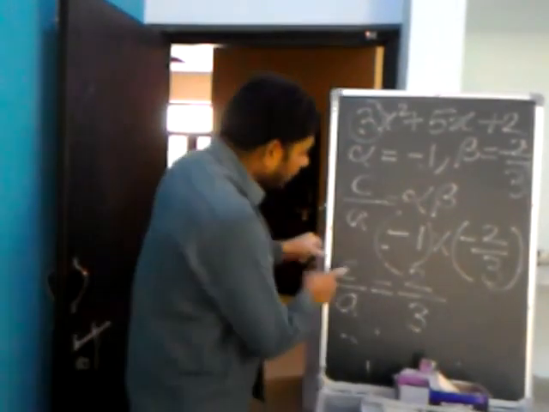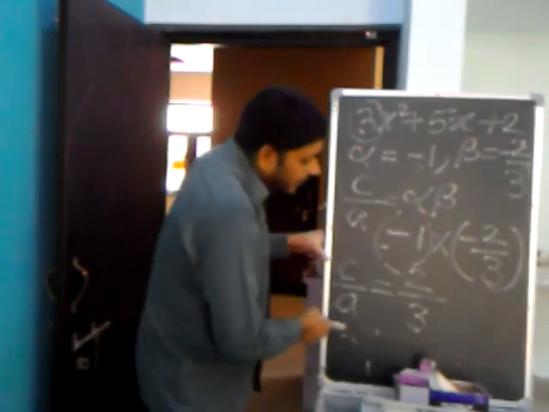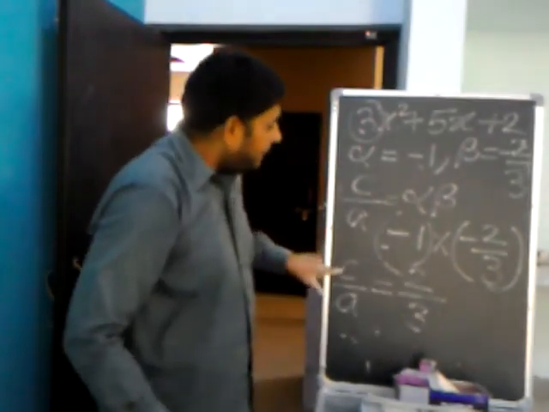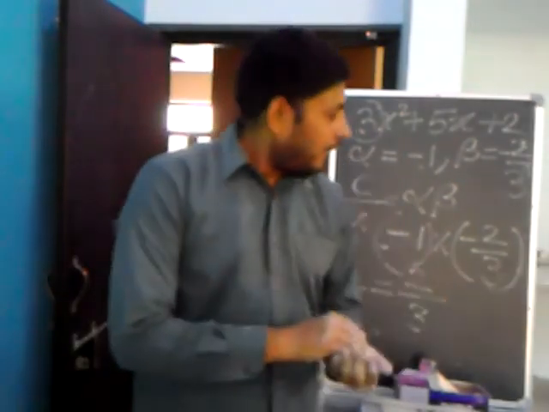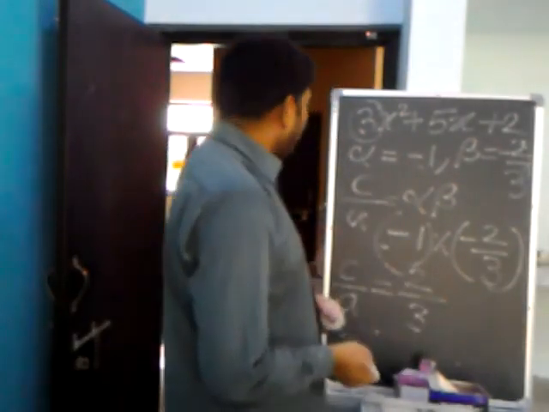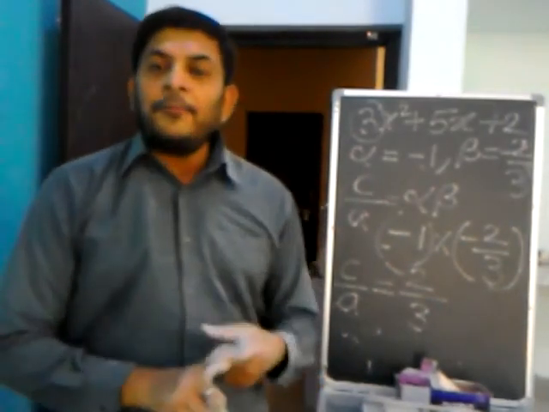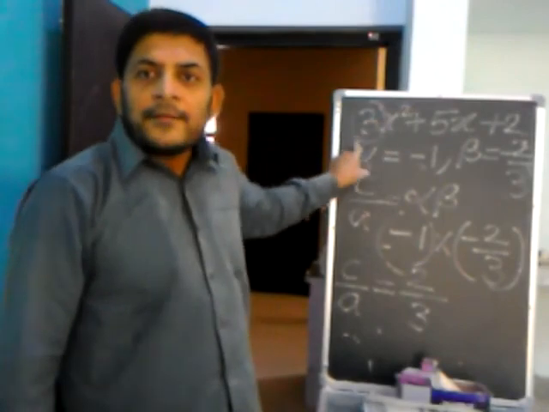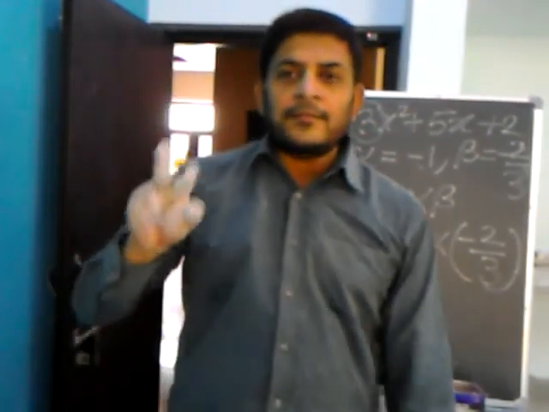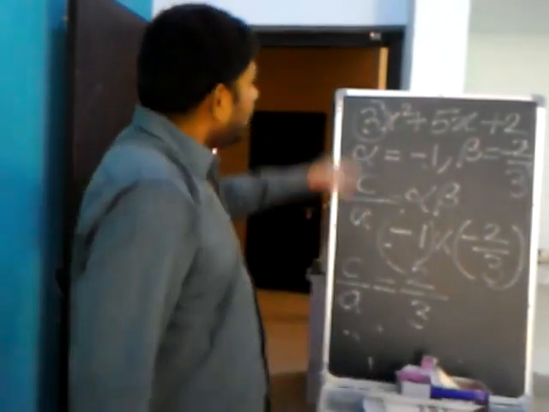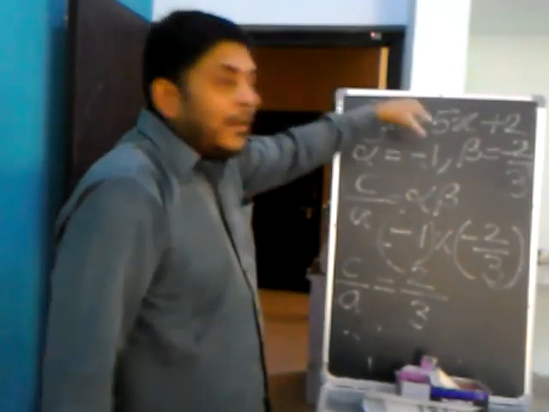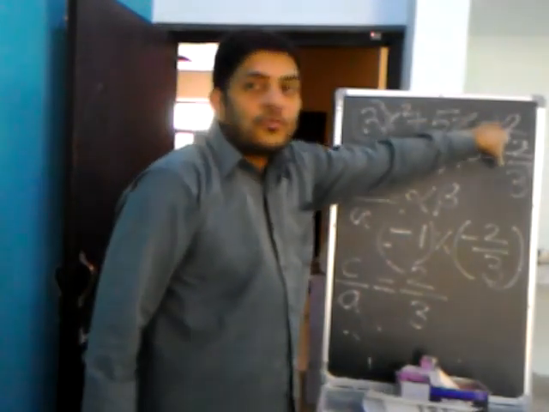If we compare numerator to numerator and denominator to denominator, then C is 2 and A is 3. In the previous one, when we had minus b upon a, B was 5 and A was 3. So in both cases the denominator is 3. So A is 3, B is 5 and C is 2.